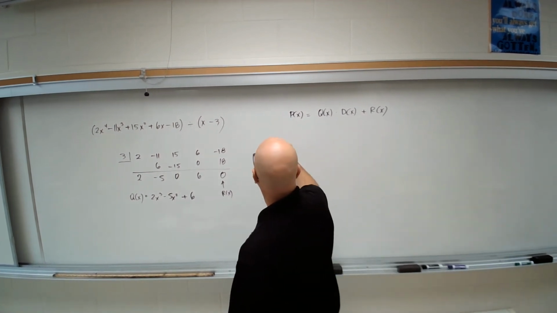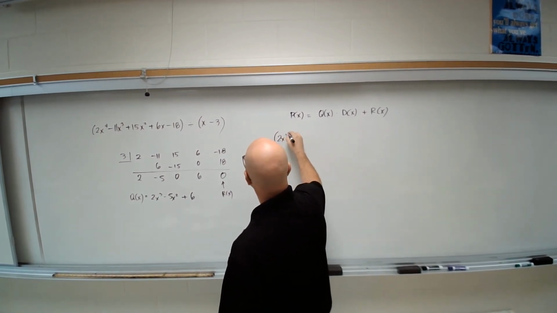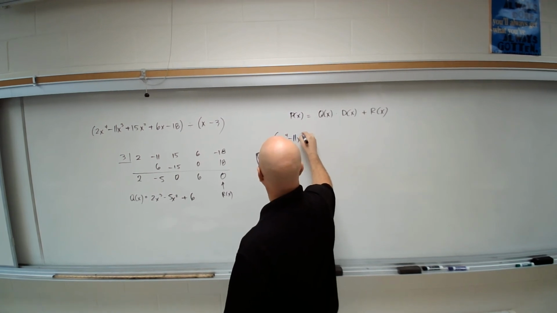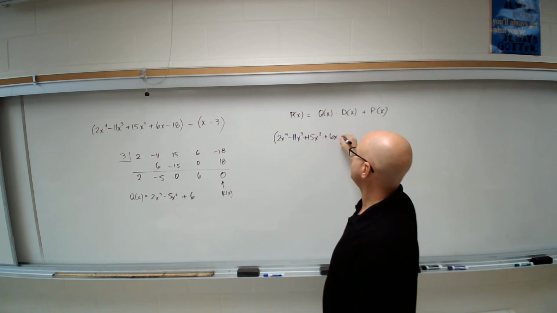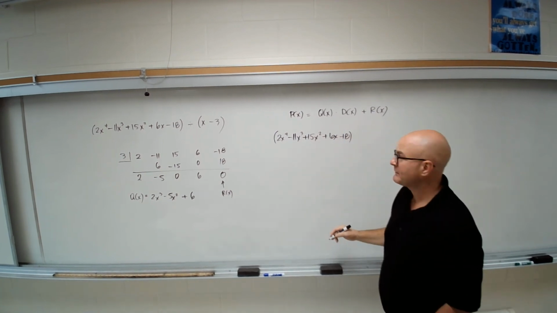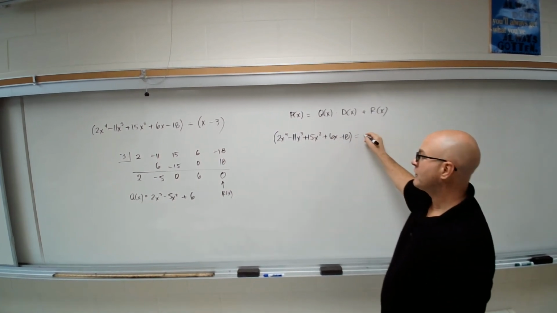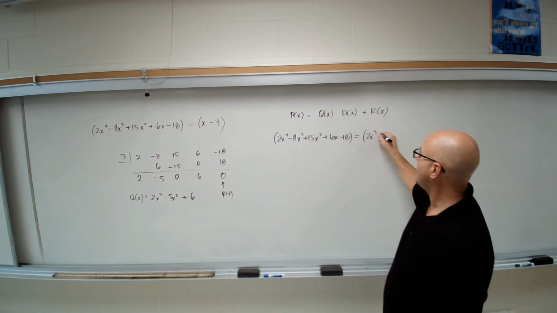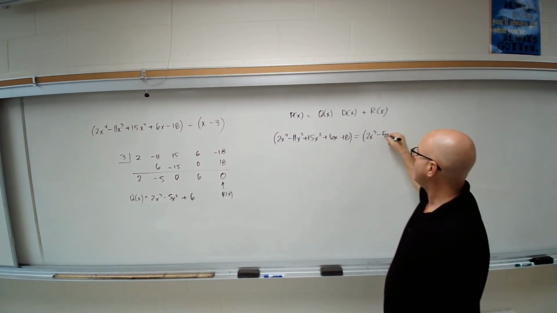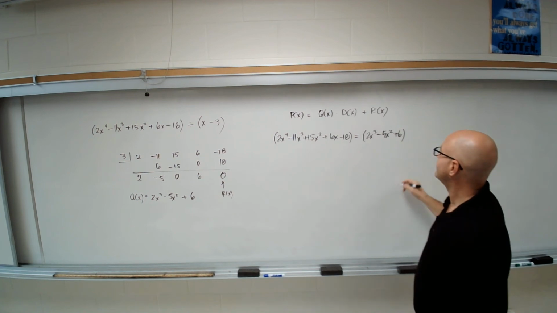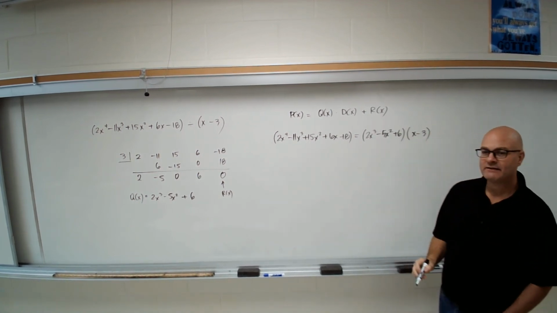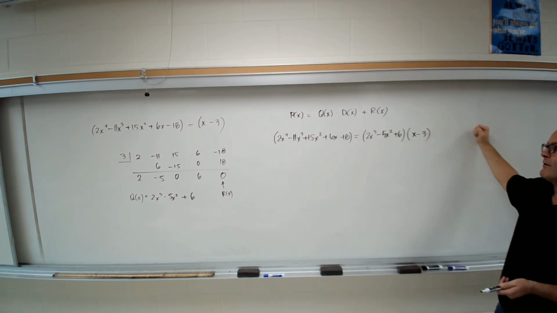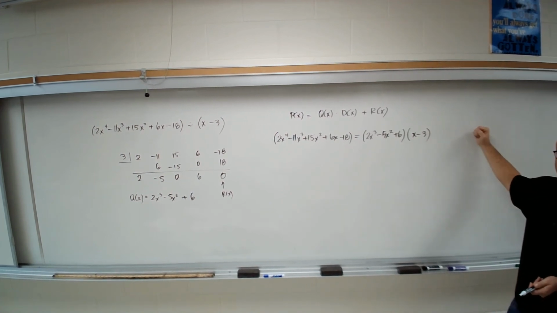So what this tells us is if we take 2x to the 4th minus 11x cubed plus 15x squared plus 6x minus 18, that will be equal to the quotient 2x cubed minus 5x squared plus 6 times the divisor, which was x minus 3, plus 0 because there's no remainder, right? So the remainder is not there.